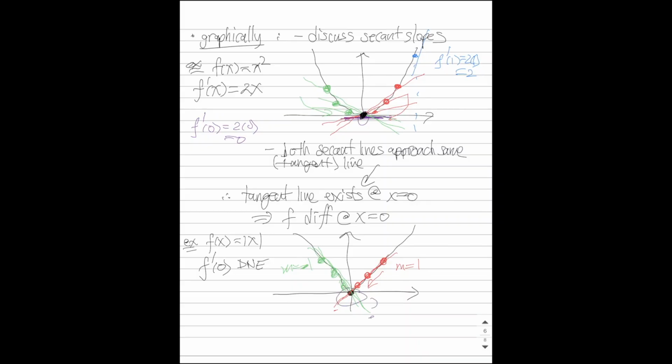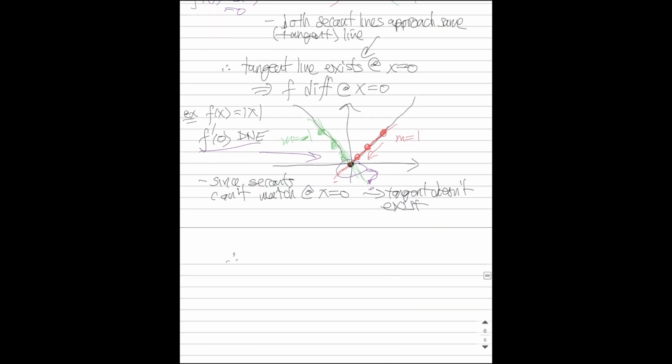The function is confused because it can't decide what secant slope to choose. And as soon as the function can't agree on the secant lines, it can't be differentiable. So since the secants can't match at x equals 0, we say that the tangent doesn't exist. And because of that, if the tangent doesn't exist, then the function is not differentiable at x equals 0.